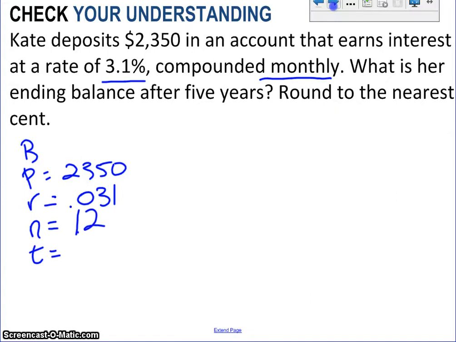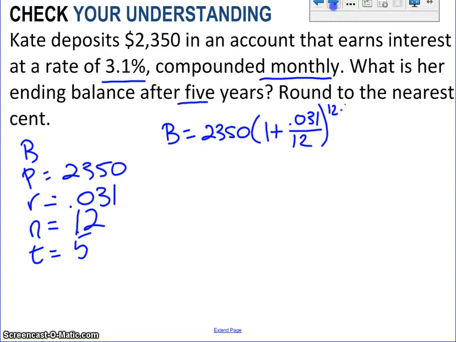Well, there's 12 months in a year. And it says, what is her balance after 5 years? So plugging this into our values, we get B equals 2,350 times 1 plus 0.031 divided by 12, all to the 12 times 5.